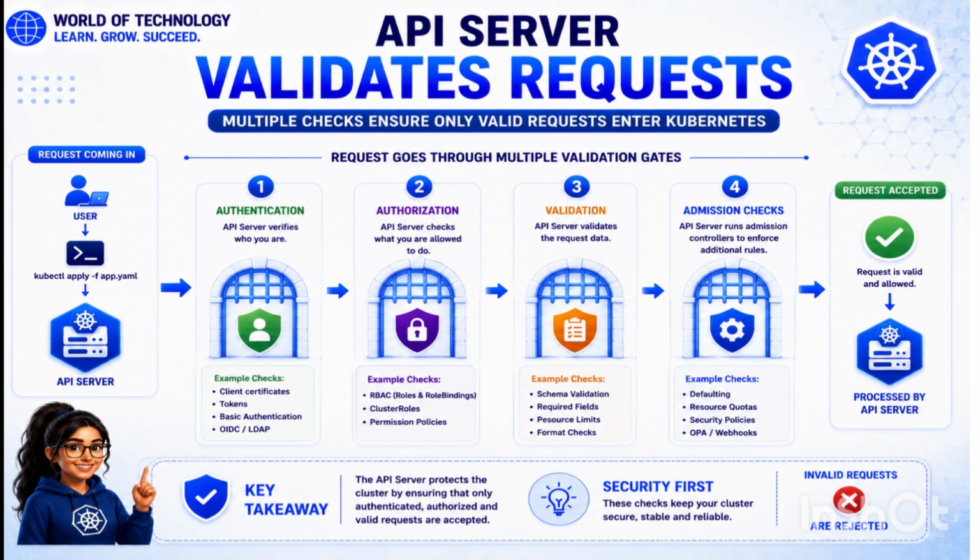For example, a developer might be allowed to view pods but not delete them. Then comes validation. The API server checks whether the request is correctly formatted. Does the YAML file contain valid fields? Are required values present? And finally, the admission controllers perform additional checks and policies. Only after passing all these stages does Kubernetes accept the request. This security pipeline is one of the reasons Kubernetes is trusted for large production environments.